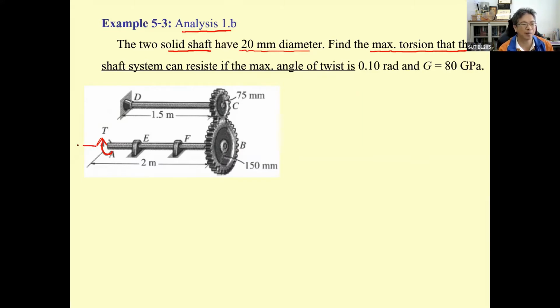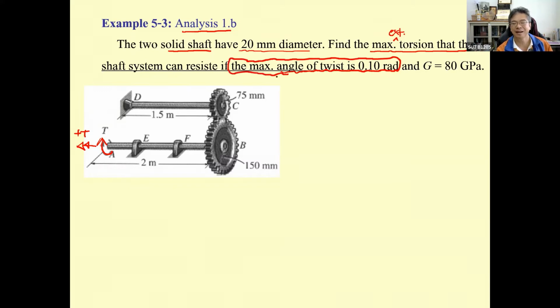Based upon this, you may use your finger and you can see this torsion is going to point out, a positive external torsion. This is actually the maximum external torsion. So this is based on the angle of twist, not more than 0.1.